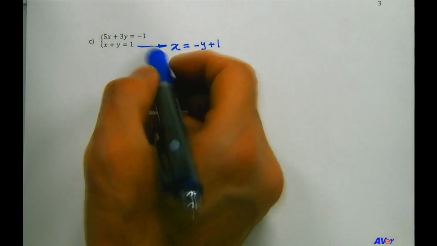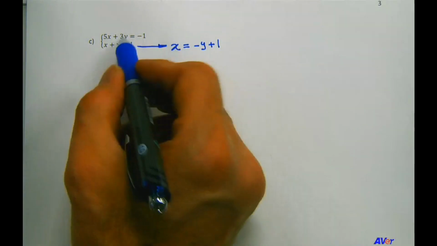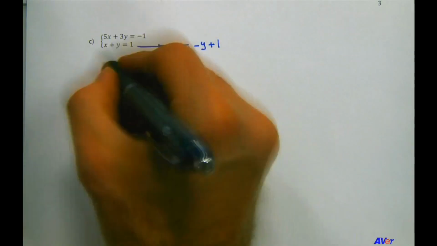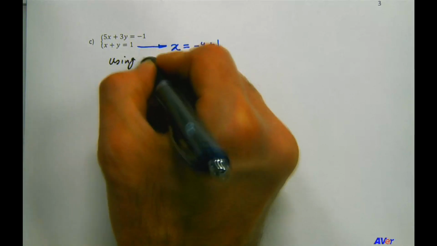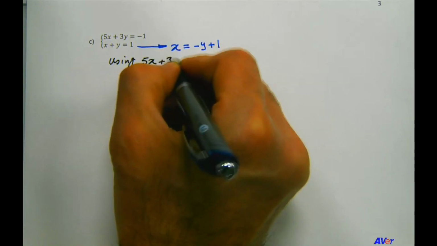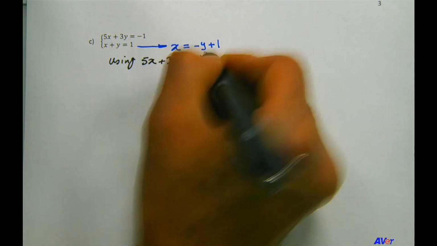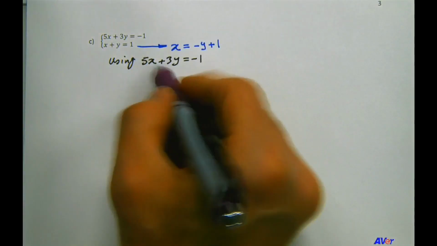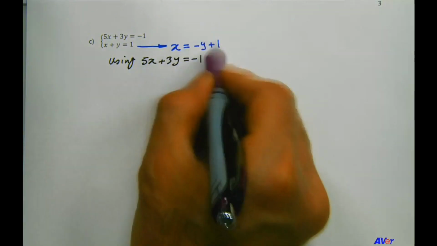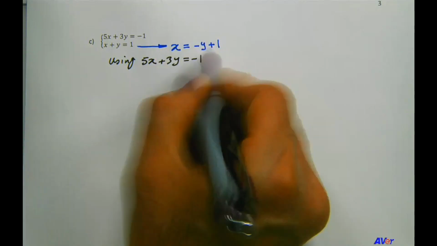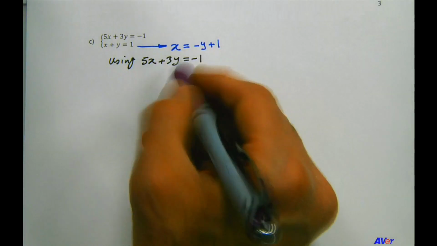Now we have minus y. Now let's substitute for x in the top equation. So using 5x plus 3y equals negative 1, let's substitute for x with that, because x equals minus y plus 1. All right?